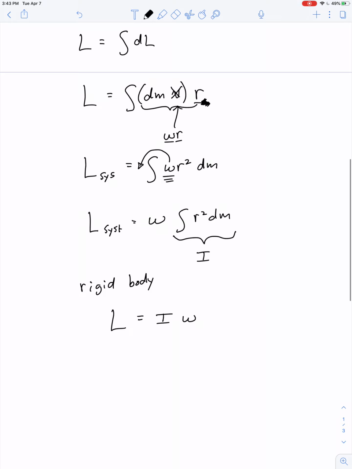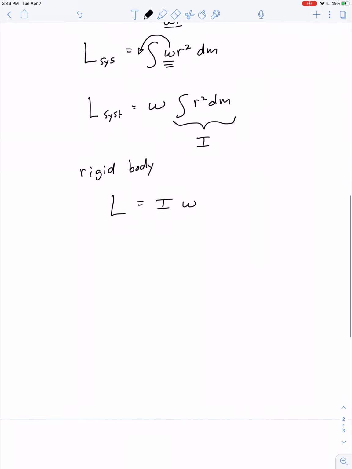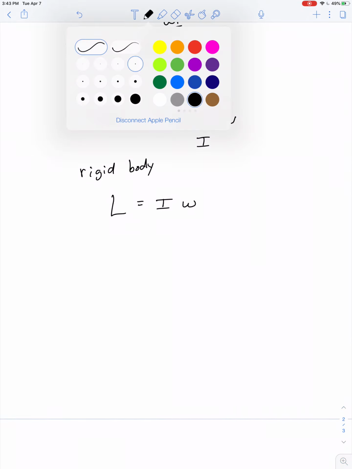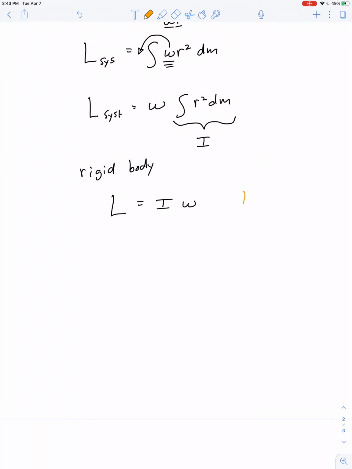Now isn't that interesting? When you look at all of the analogous equations, so what's an analogous equation? Translational kinetic energy is 1/2 mv squared. Rotational kinetic energy is 1/2 I omega squared. Or how about an analogous equation for kinematics? v equals v naught plus at, omega equals omega naught plus alpha t.